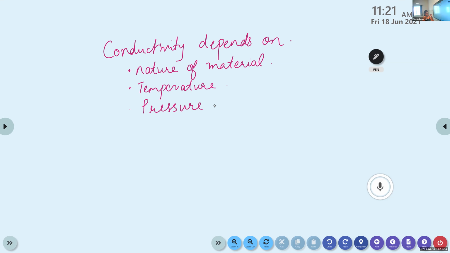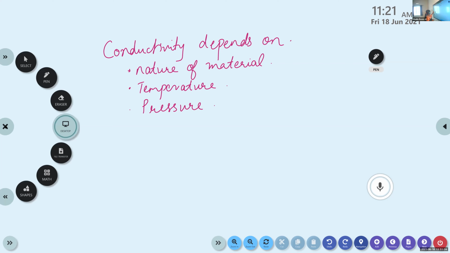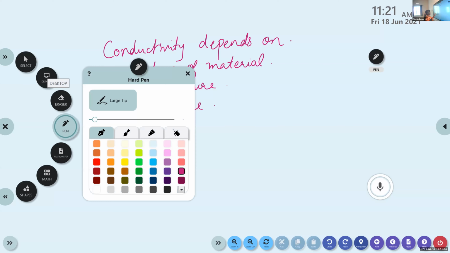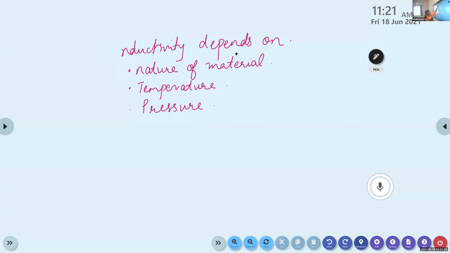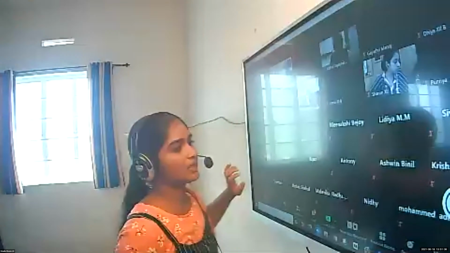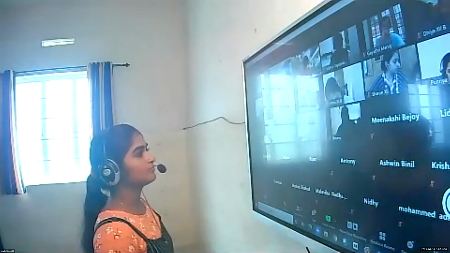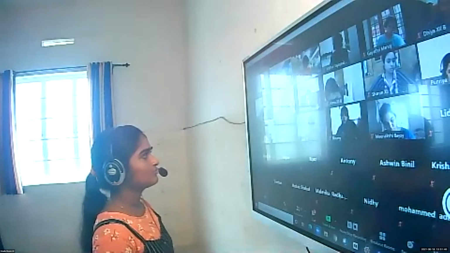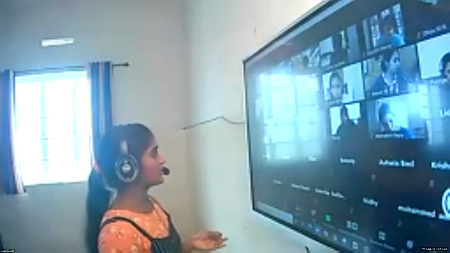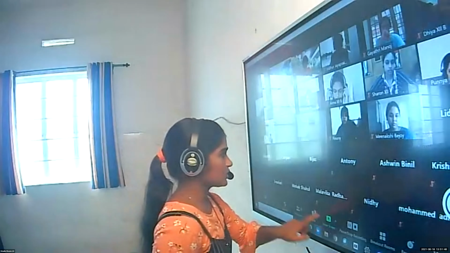Before entering into the conductance of electrolytic solutions, we need to classify the substances that we already know. Just to recall, how can we classify substances based on their electrical conductance? Conductors, insulators, semiconductors.